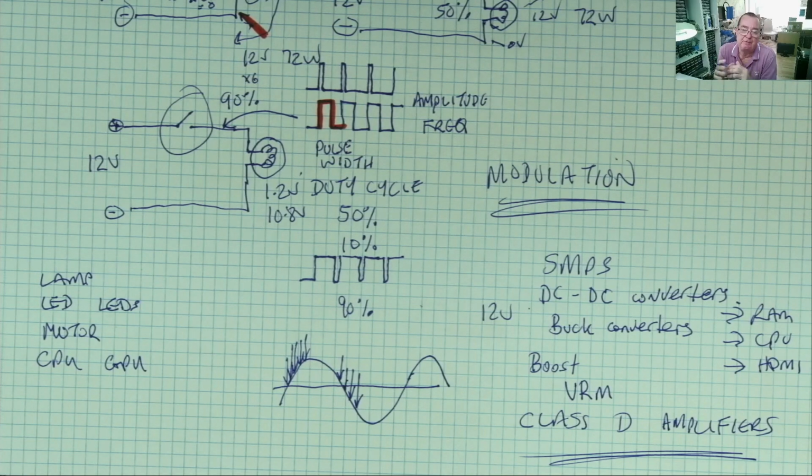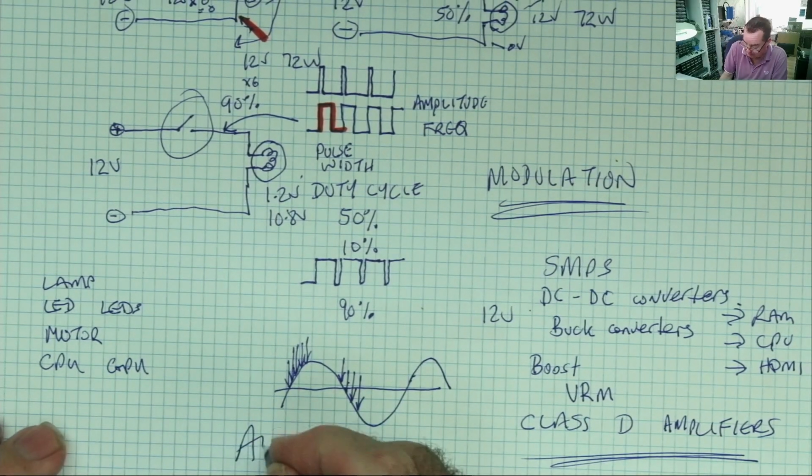PWM has been around commercially since at least the mid-60s, became more popular in the late 70s into the early 80s when we started to see a lot of it, and these days it is ubiquitous. But PWM is actually an analog process.